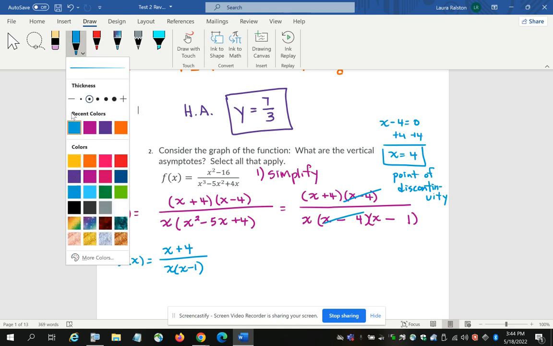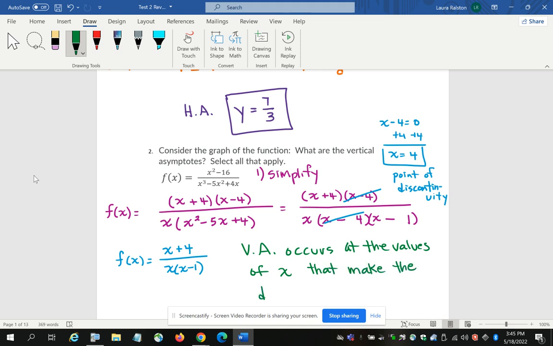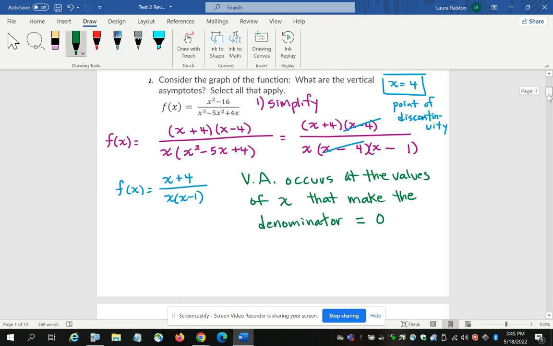From there, we can determine the vertical asymptotes. The vertical asymptotes occur at the values of x that make the denominator equal 0, the restricted values of the domain.